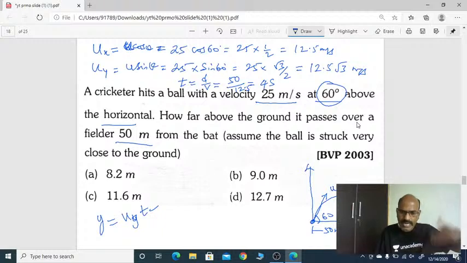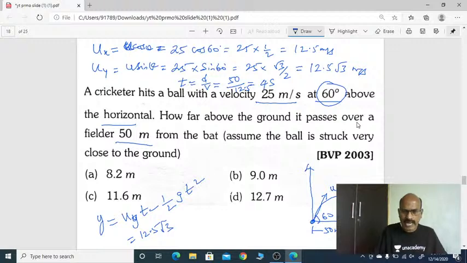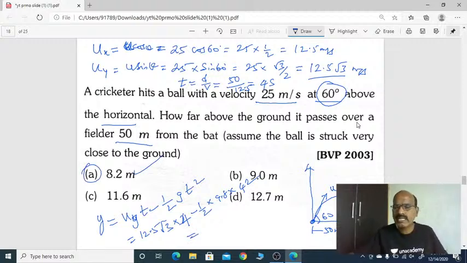Uy, you are doing work against gravity, so minus half g t square. Uy we already know, 12.5 root 3 along the y-axis, into t, where t is 4. So into t minus 1 by 2 g, which is 9.8, into t square, 4 square. Simplify, you will get 8.2 as the correct answer.